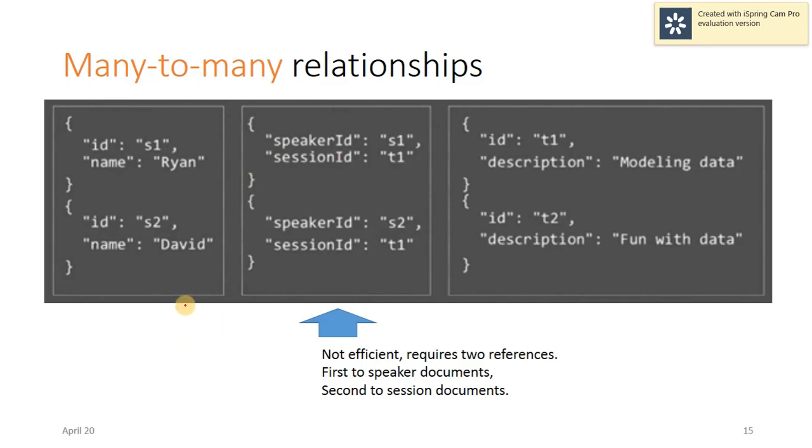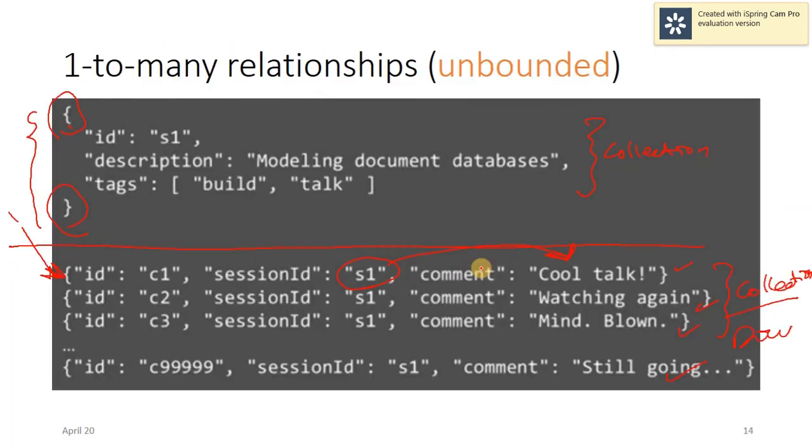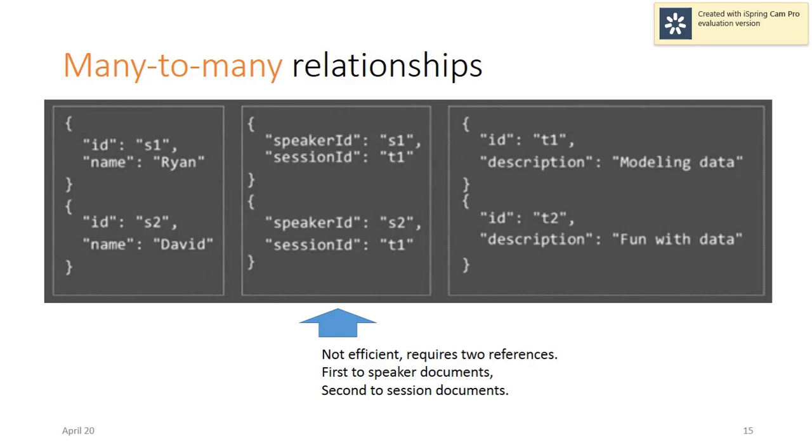Next is the many-to-many relationship. We have many-to-many relationship, just like we did with the bridge in relational way. So we have 3 documents here, or we can say 3 collections.